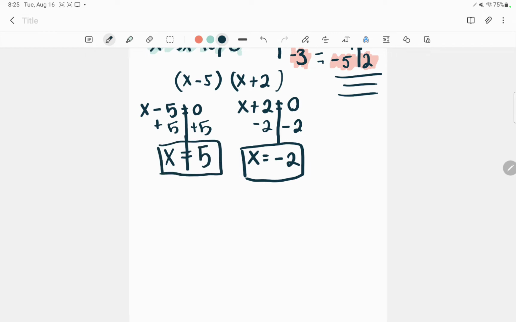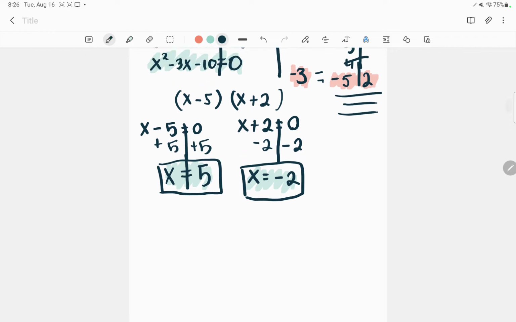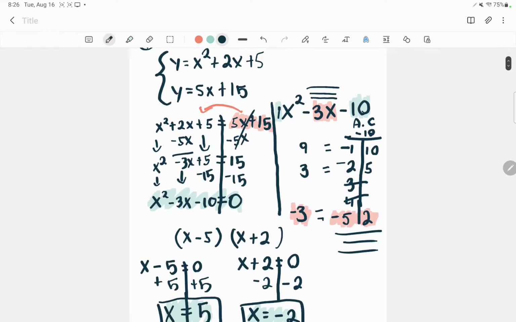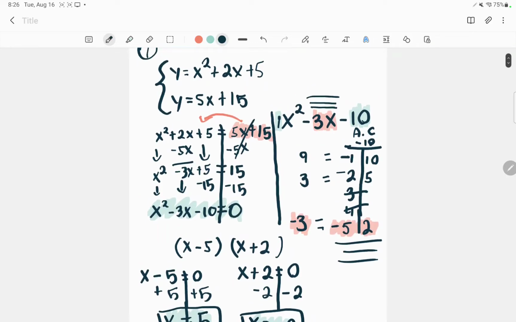All right, we got two of our answers already, right? Now, the only thing I need to figure out now is the y value for each one. Because I found the x, but all of those have a y value. So I'm going to go up here, and I want you guys to look at your original equations.